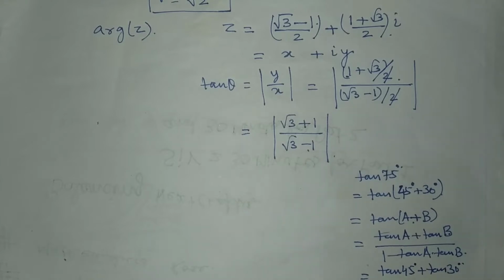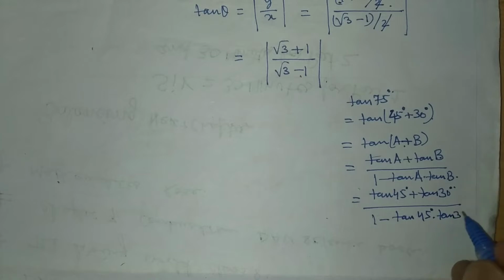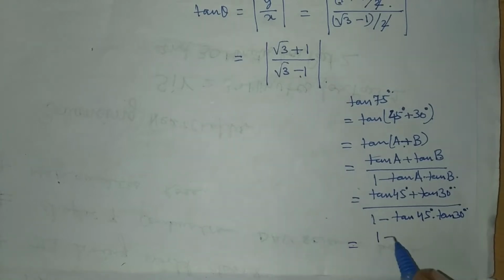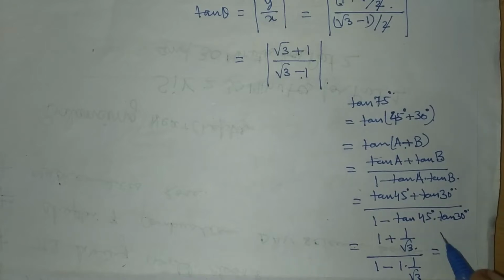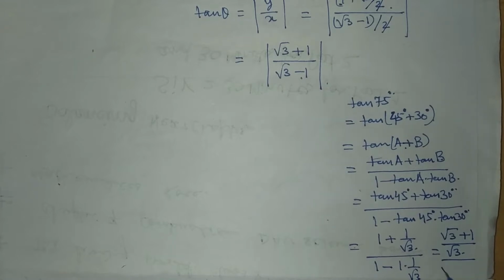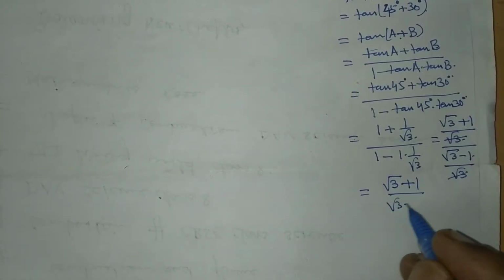So 1 minus tan 45 into tan 30 degree. Tan 45 is 1, tan 30 degree is 1 by root 3, and 1 minus 1 into 1 by root 3. You have to learn this, and no need to find it out this way like me. Root 3 will cancel, so we are getting root 3 plus 1 by root 3 minus 1.